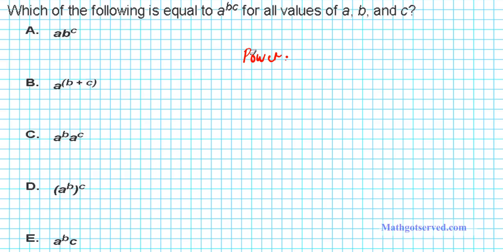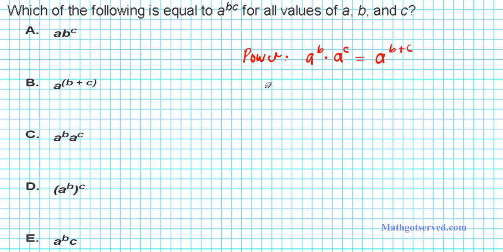The power property states that if you multiply 2 exponents of the same base, you simply add the exponents, with the same base. You have the base raised to the sum of the exponents.